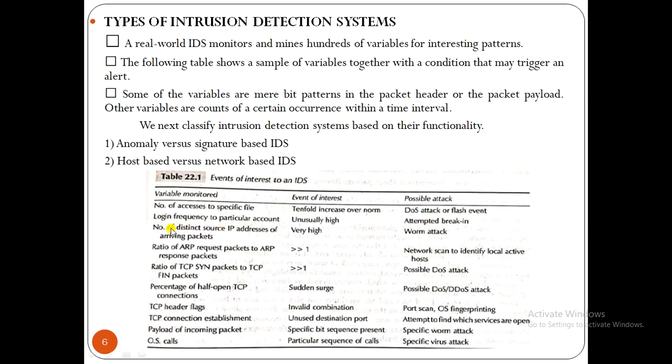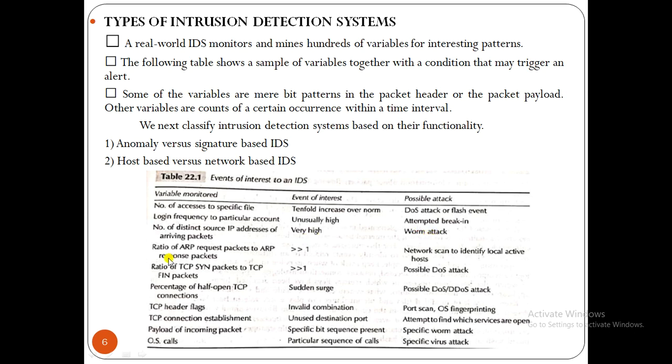Next, the number of distinct source IP addresses of arriving packets, whether it is high or low. Again, the event of interest is to understand whether it is very high or not. Then worm attack, which is one kind of malware that can bring infection from one machine to the other machine.